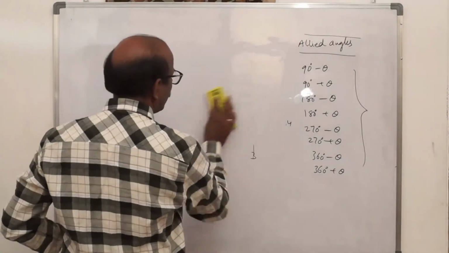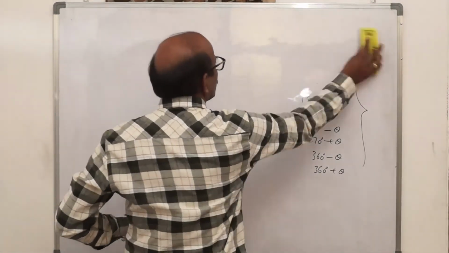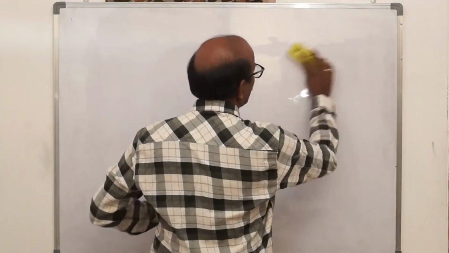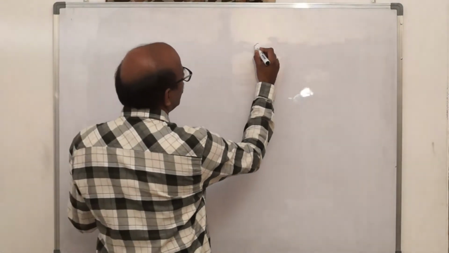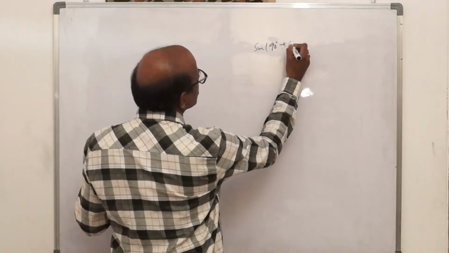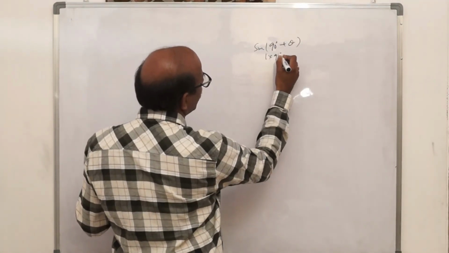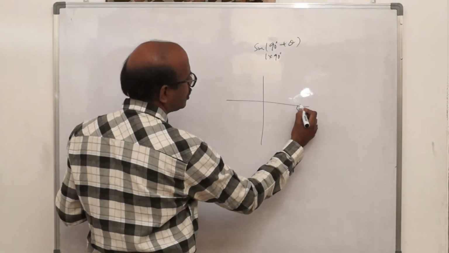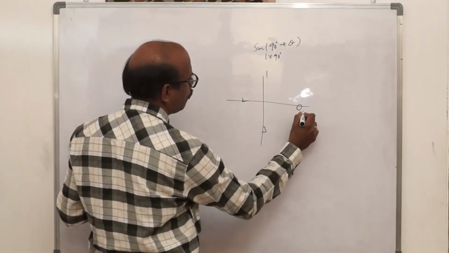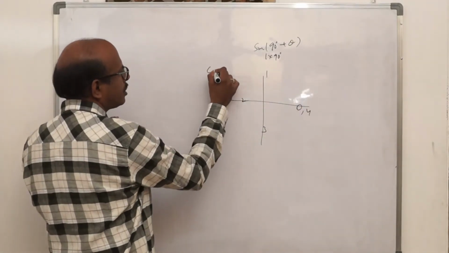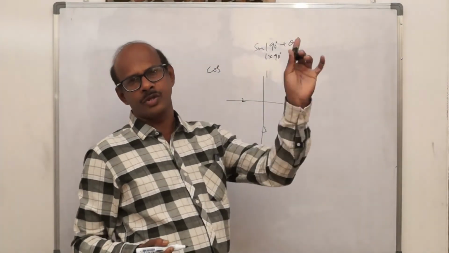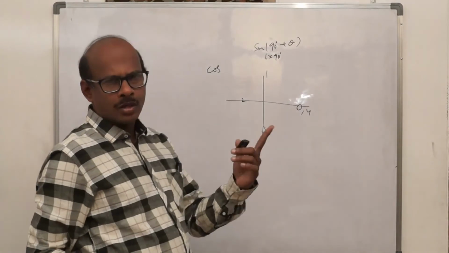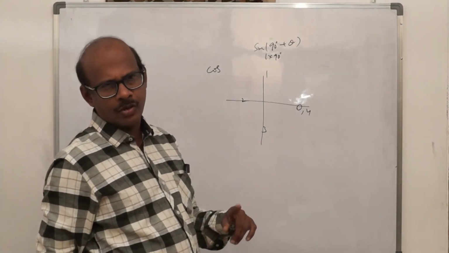Now I am going for sine of 90 plus theta. Similar procedure: 1 into 90, one is an odd number. One odd, there is a change, sine changes to cos. Changes are also cos to sine, tan to cot, cot to tan, secant to cosec, and cosecant to secant.